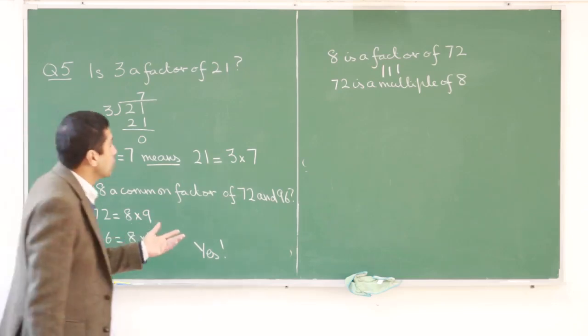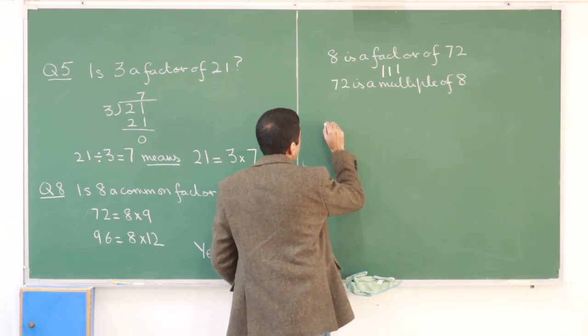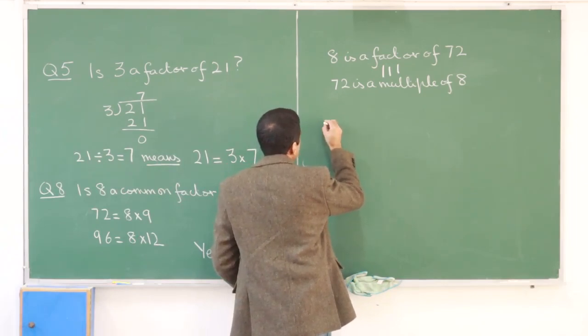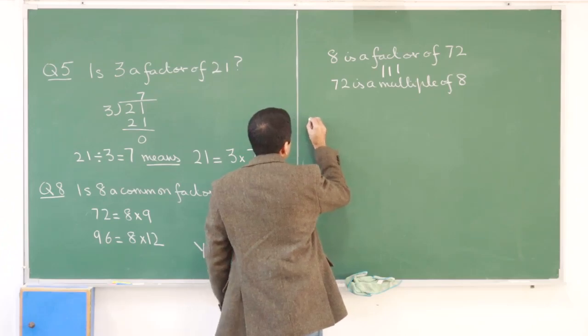To make sure that we understand, let's look at multiples of a nice number, say 3.